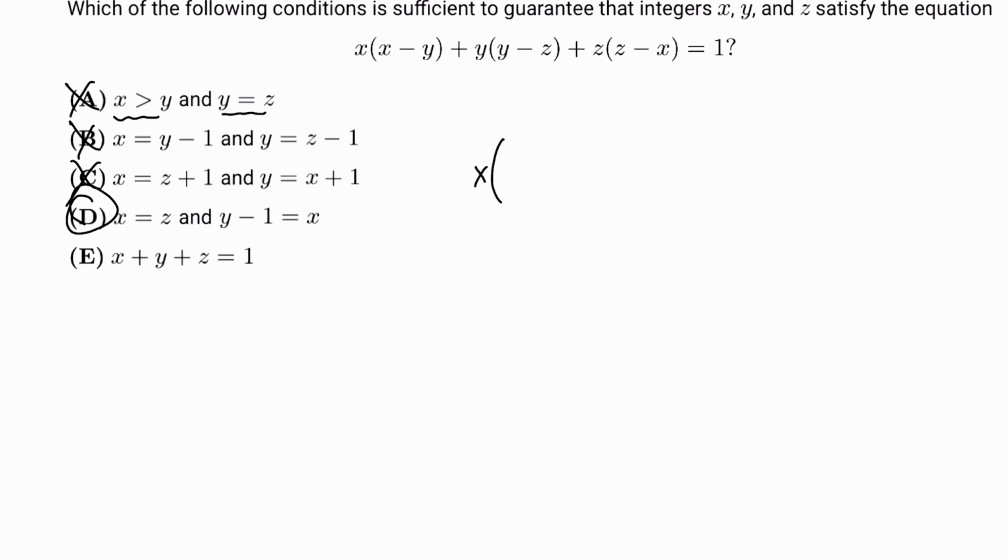If we have x plus y plus z equal to 1, that is actually tough, because everything else gives us basically two requirements, but this one only gives us one. You see that you really cannot simplify this expression a lot.